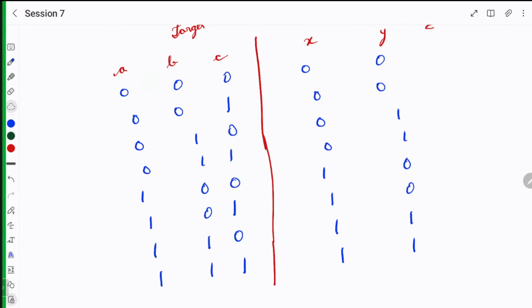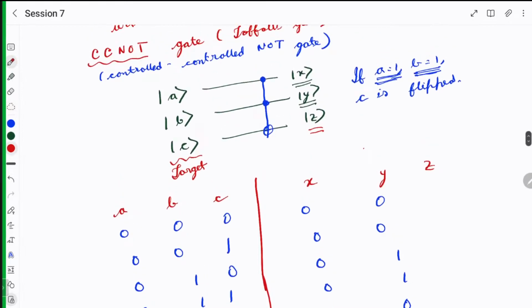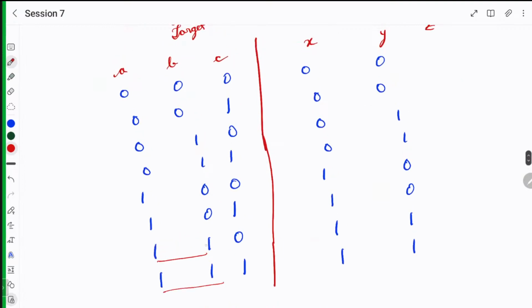Okay. And now we have to find out what Z is. As I had said, it would always remain the same as C in all the cases apart from the case that A equal to 1 and B equal to 1. You see A equal to 1 and B equal to 1 are these last 2 cases. In these cases, the target bit C will be flipped.